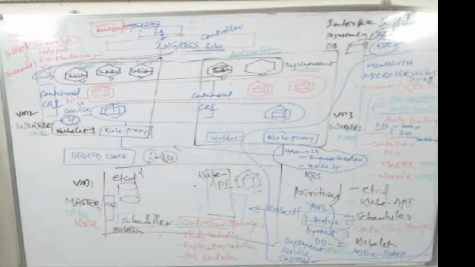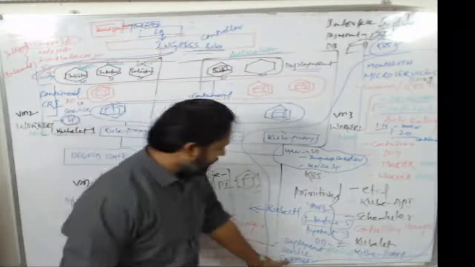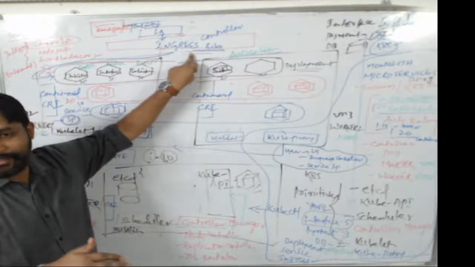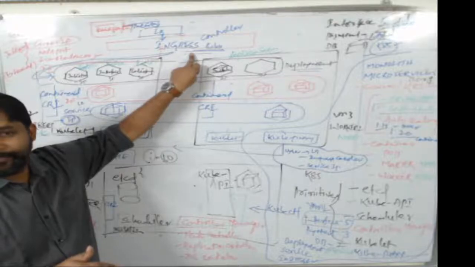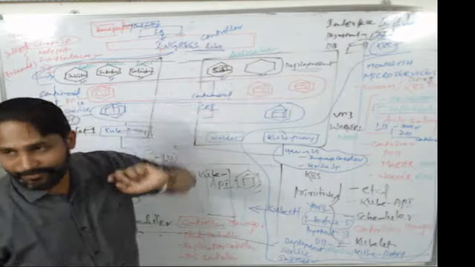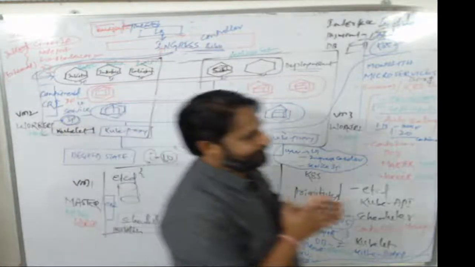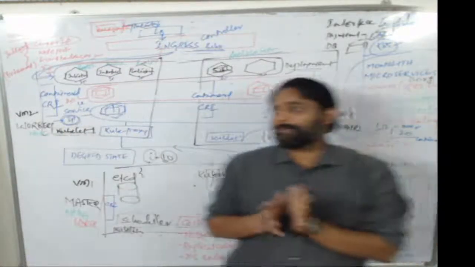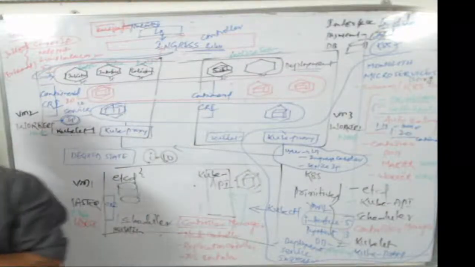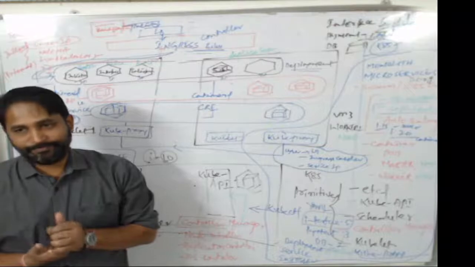The one implementing that definition is the controller. So you always have two things in ingress. One is the ingress rule, which says allow a person if he is a student. That's the rule. The implementer of the rule is the controller. So the controller keeps monitoring the rules and decides whether a request should be allowed inside or not.